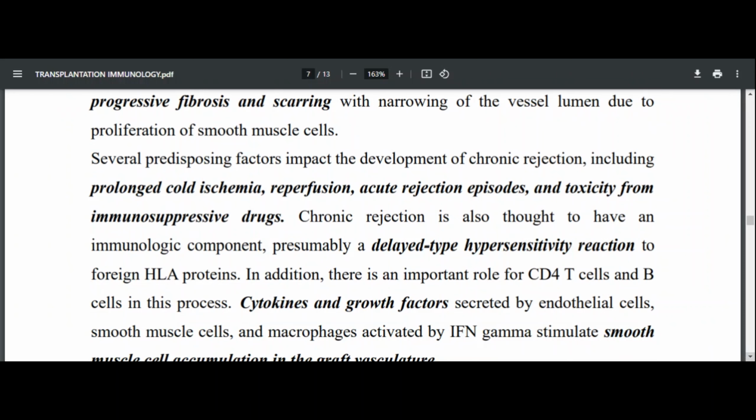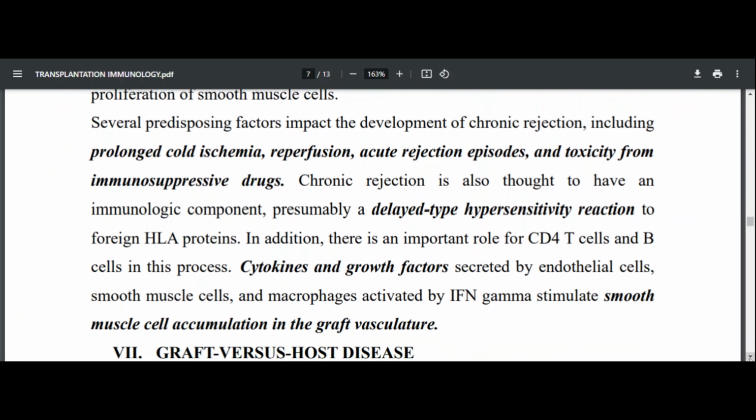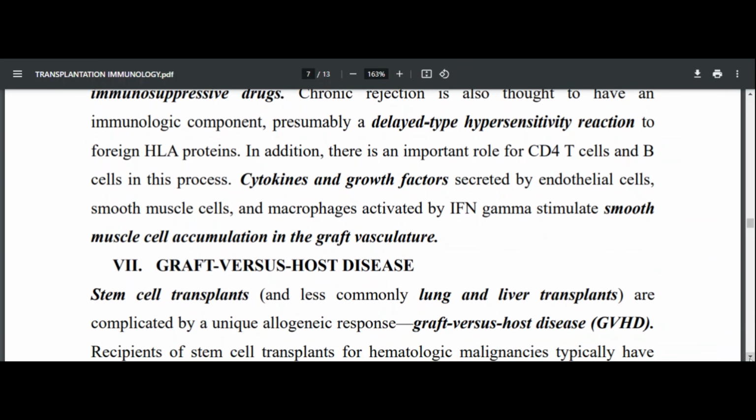Chronic rejection is also thought to have immunologic components, especially since delayed type hypersensitivity reactions can also induce chronic rejection. In addition, CD4 cells, cytokines, and growth factors can also contribute, even interferon gamma. Interferon gamma is a very serious cytokine. It can also induce chronic rejection.